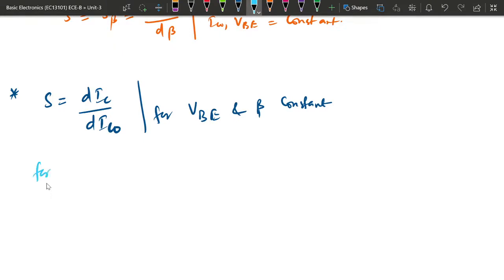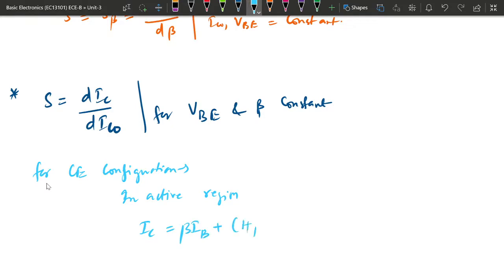So for the common emitter configuration case, if it is working as an amplifier, and as an amplifier it is working in the active region, then IC will be given by beta times IB plus 1 plus beta times ICO.